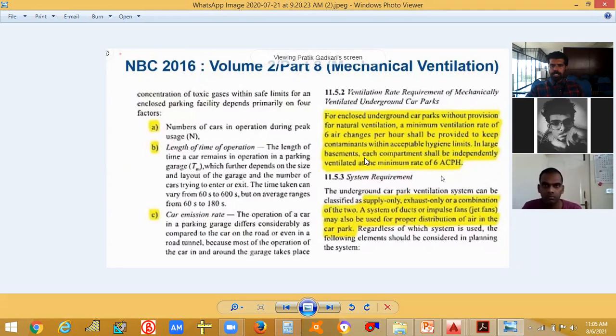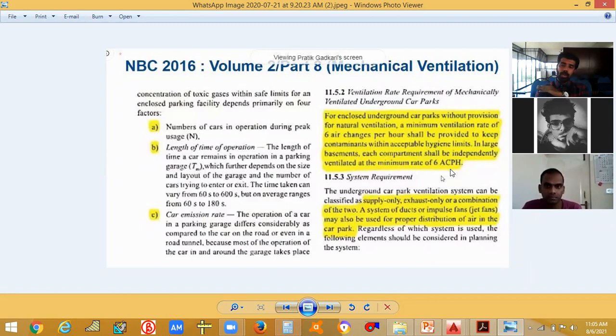In large basements, each compartment shall be independently ventilated at a minimum rate of 6 ACPH. So the minimum ventilation rate is 6 ACH.